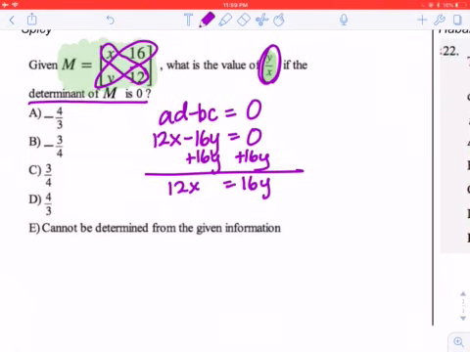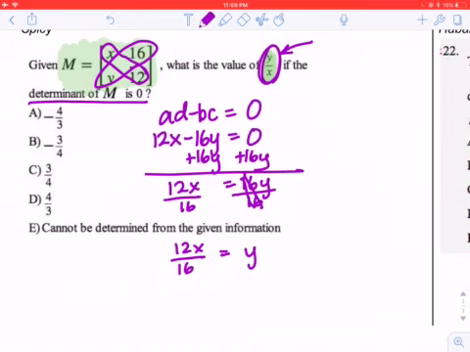From there, I want the numbers to be on one side and the letters on the other. So I'm going to divide by 16 on both sides so I can get y by itself. So I have 12x over 16 equals, 16 divided by 16 is 1, just equals y.